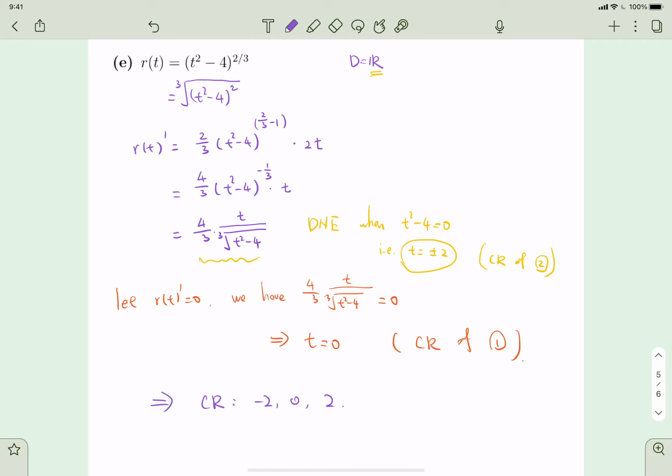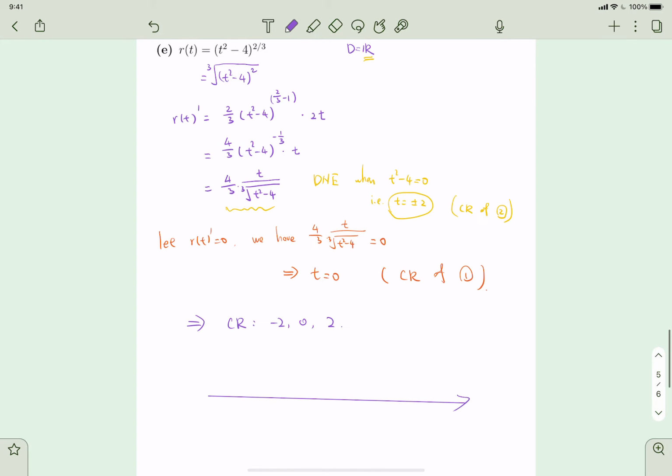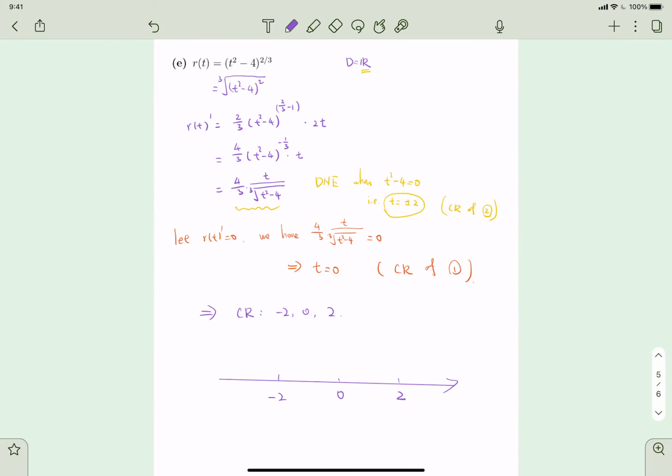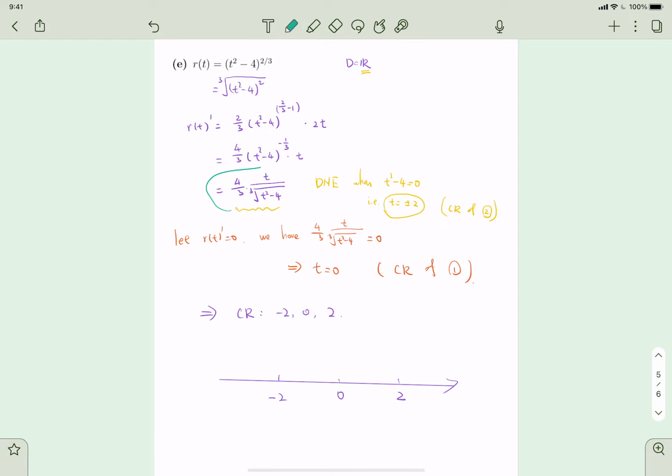Okay. And after having these numbers, draw our number line and place them here, negative 2, 0, and positive 2, and then find out the sign. Right? For example, you can plug in like a negative 3, and then it's going to be less than 0, right?